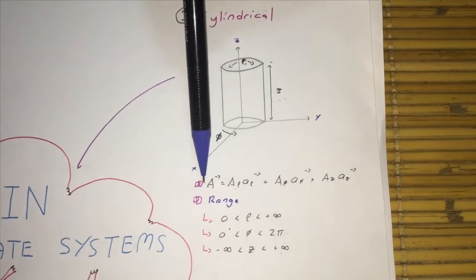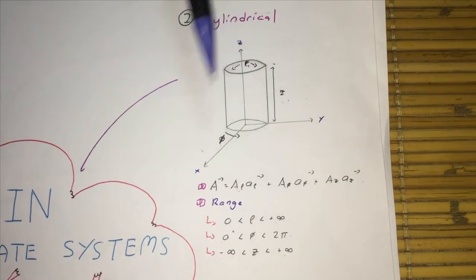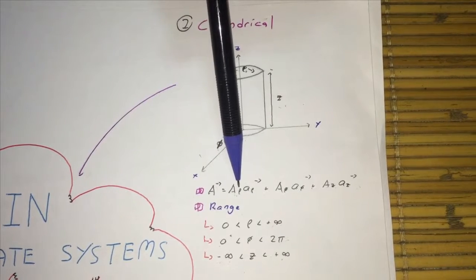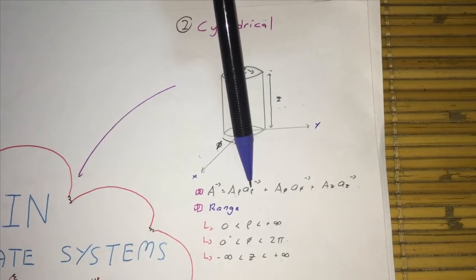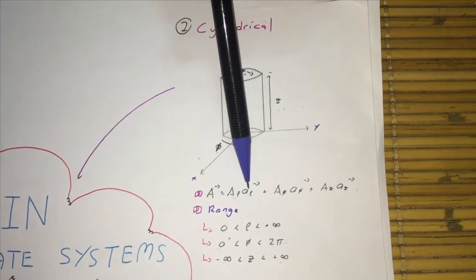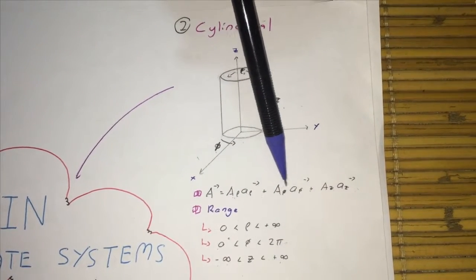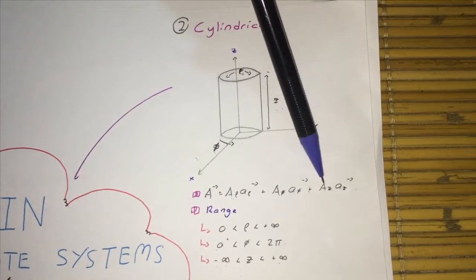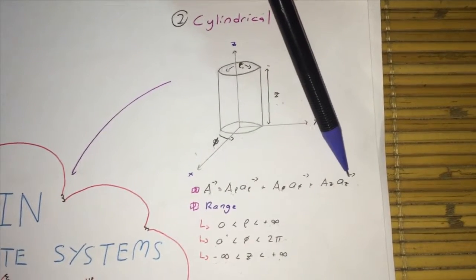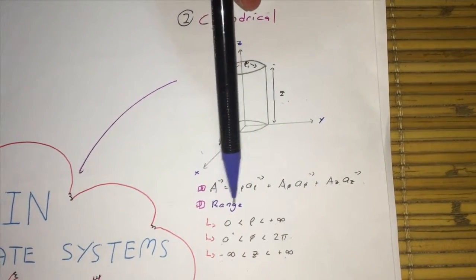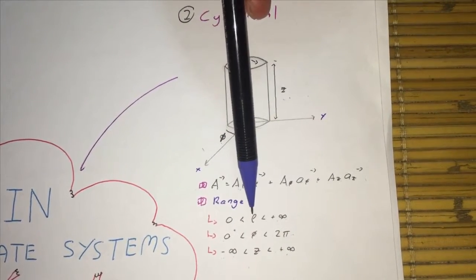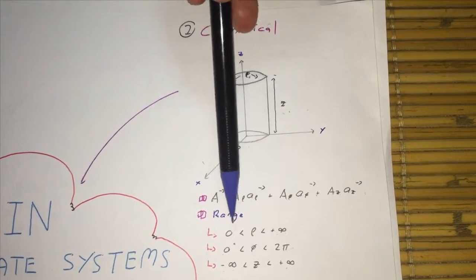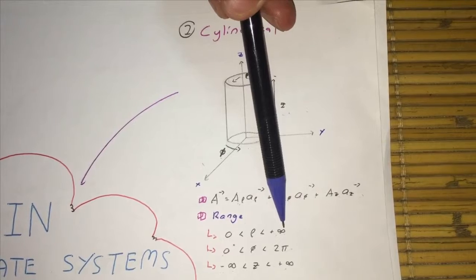The equation for the cylindrical is the vector A equal to A rho times the vector of rho plus A V multiplied by the vector of V plus AZ multiplied by the vector of Z. For the range, for rho, from 0 to positive infinity.